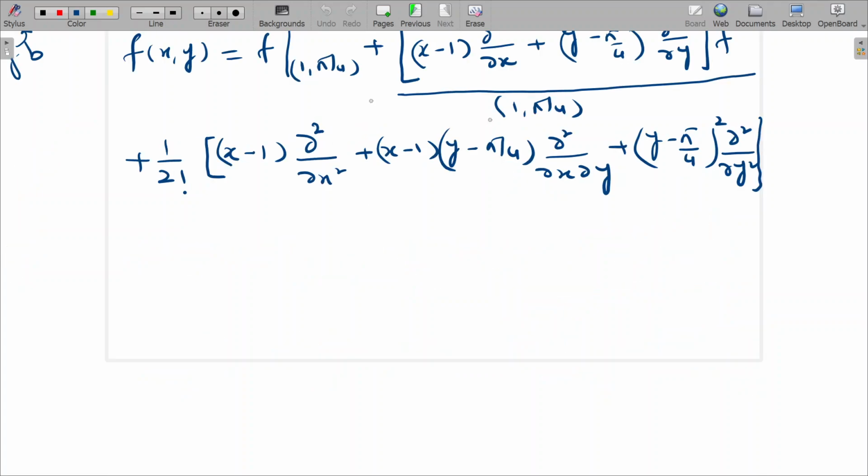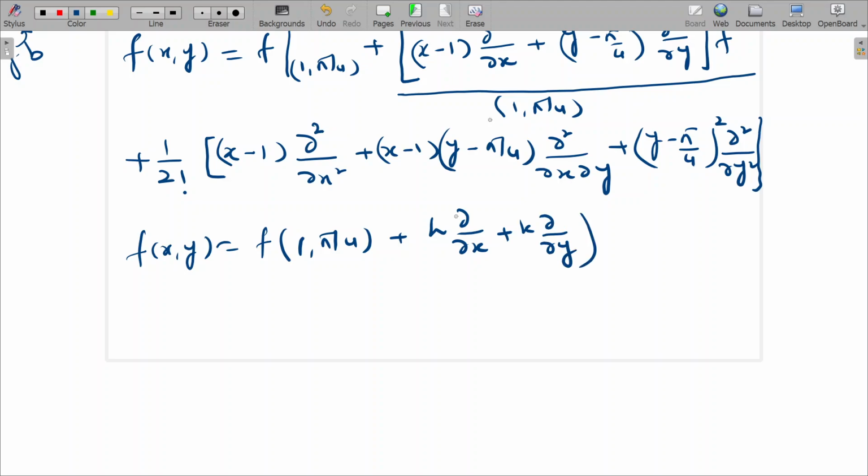So now our function f(x, y) will be, the first one is the value of the function at the point itself, meaning (1, π/4), plus h ∂/∂x plus k ∂/∂y, and similarly for higher order terms. So now we just need to put in the values which we have already calculated.